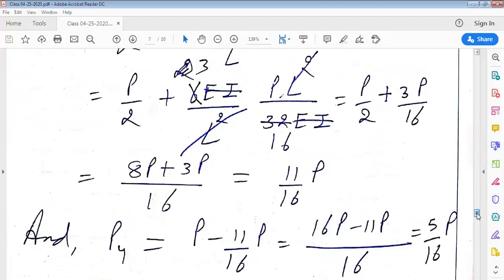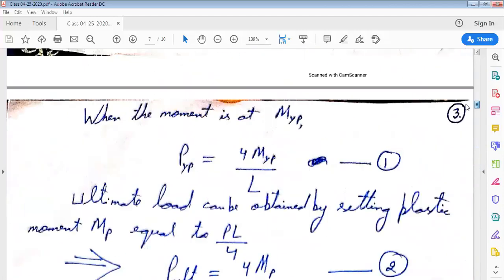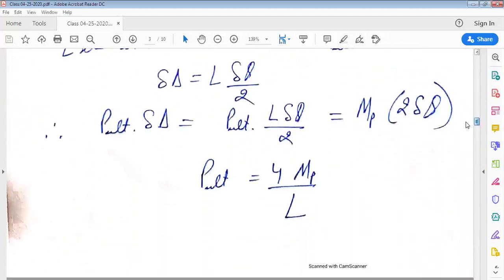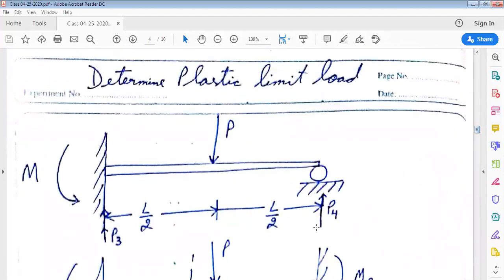And from here we can find out P4. P4 is vertical reaction on the right end of this particular configuration. We can clearly see P4 equal to capital P minus P3.